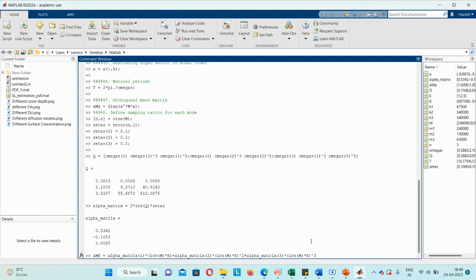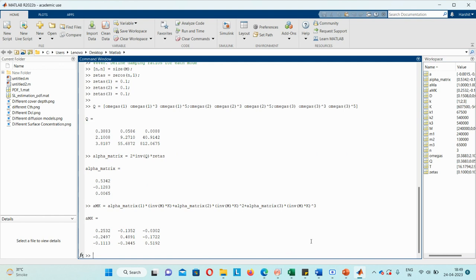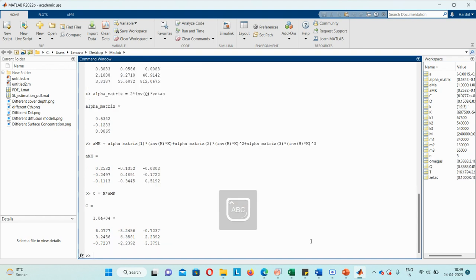So this is how we'll get the AMK matrix, and to finally get the damping coefficient, we'll multiply it by the mass matrix, so M into AMK. So these are the damping coefficients. This is for the first mode of vibration, this is for the second mode, and this is for the third mode.